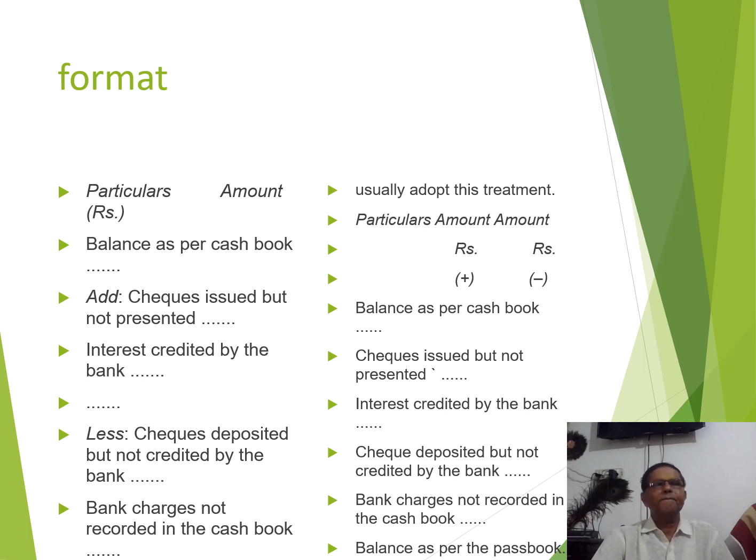So here we may take the balance as per cash book, and then we add checks issued but not presented and interest credited by the bank, and we deduct checks deposited but not credited by the bank and bank charges not recorded in the cash book.